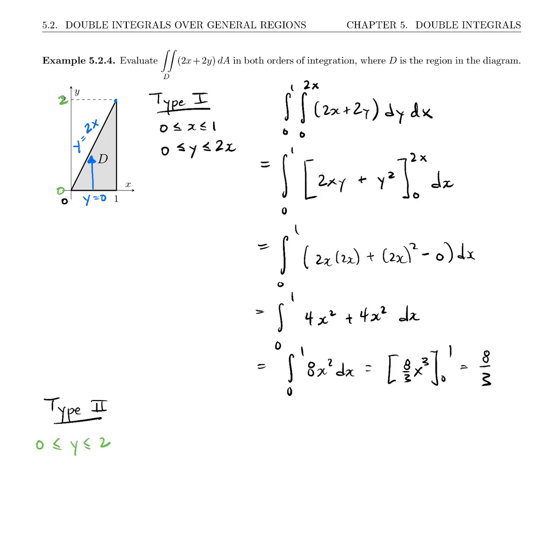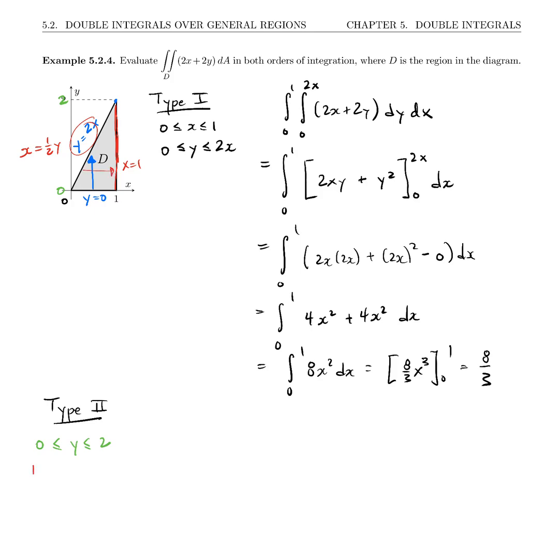And we need our boundaries to be in terms of x functions. So this line here, if I rewrite that and solve for x, I'm going to get x is 1/2 y. And this vertical line over here is the line x equals 1. And so you're imagining that x travels from one to the other.